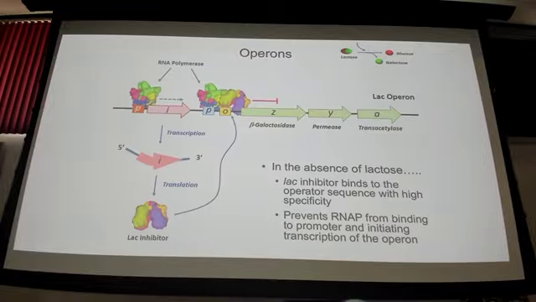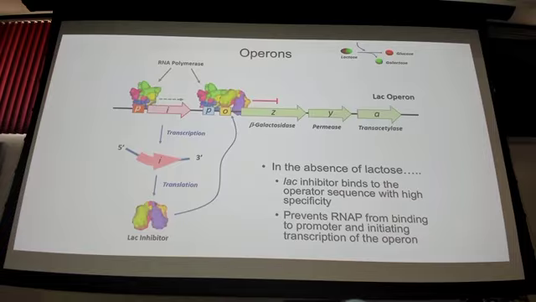Like I said, look over these examples. The main gist, we're not trying to get you to be comfortable with the lac operon per se, although it's great if you understand it. It's a nice example. But the point is that you understand that the presence or absence of some environmental signal is what that cell is taking as a cue to either make something or not make something.